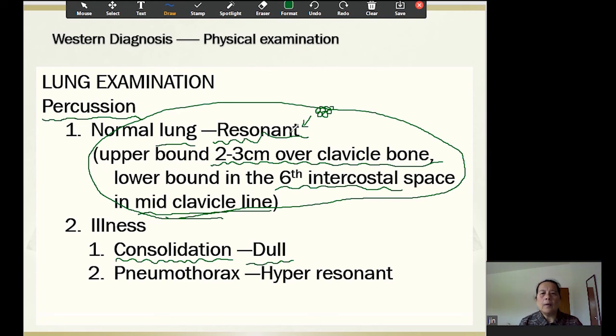If the resonant sound changes to a more empty or hollow sound, we use the word hyperresonance, meaning more hollow sound. That means there must be more air. We have some illness where more air goes in, especially into the pleural cavity. Then the sound will change.